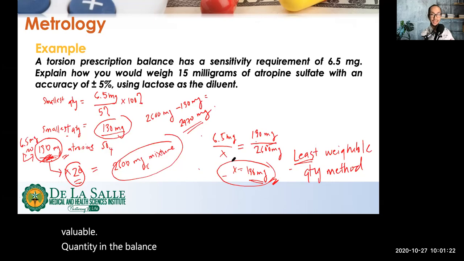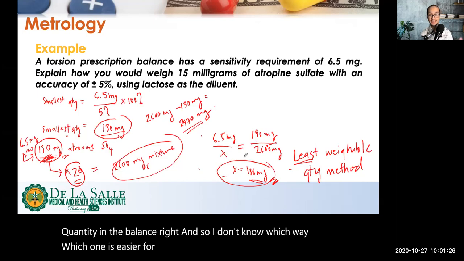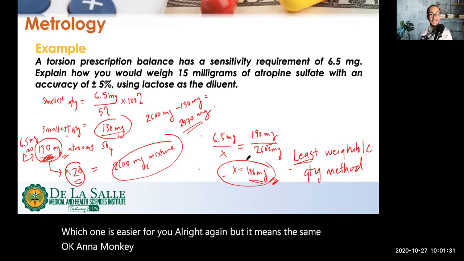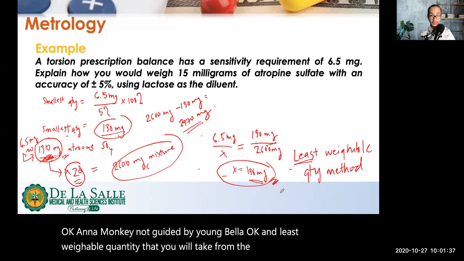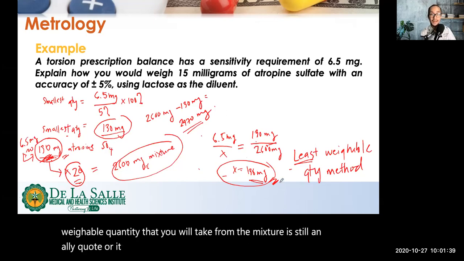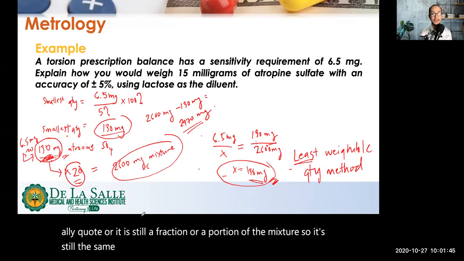So I don't know which one is easier for you, okay? Ayan, but it means the same, okay? Wala namang pinagkaiba yung dalawa, okay? Ayan, the least weighable quantity that you will take from the mixture is still an aliquot, or it is still a fraction or a portion of the mixture. So it's still the same, right? Okay, so I hope you understood that part of our discussion.